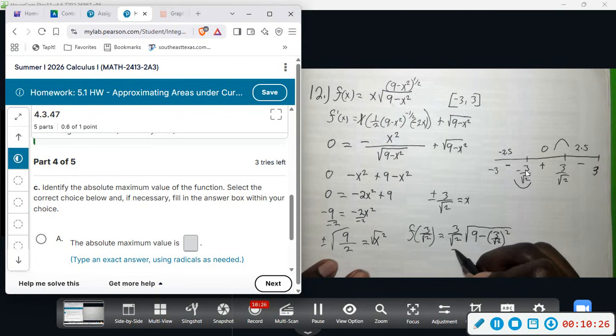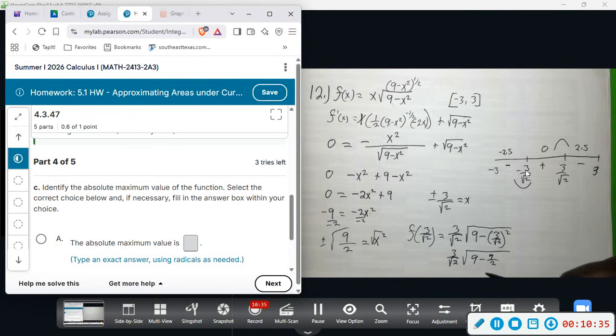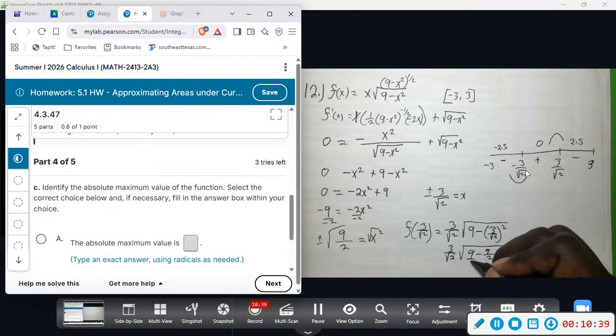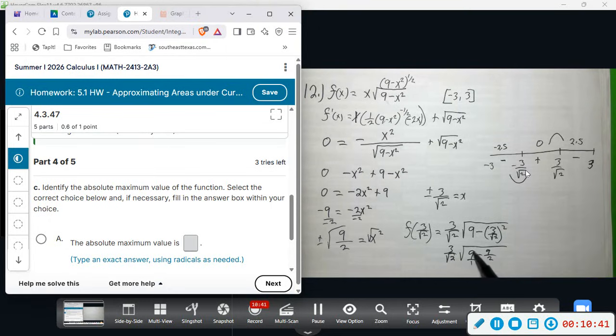And so we have 3 over square root of 2, and then we have 9 minus 9 over 2. Common denominator, I can put this over 1, and then this will be 18 over 2. So if I subtract, 18 take away 9 will still leave us with 9 over 2.